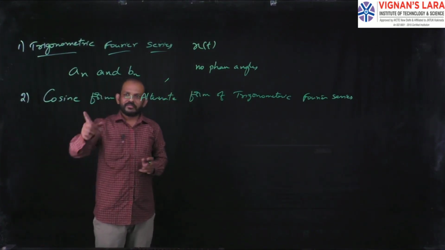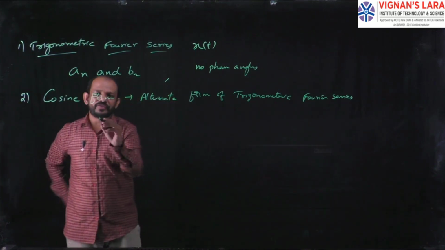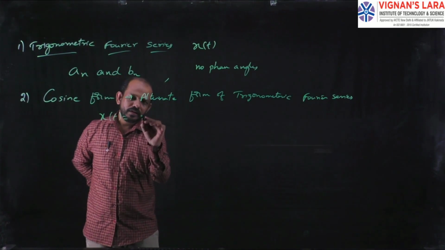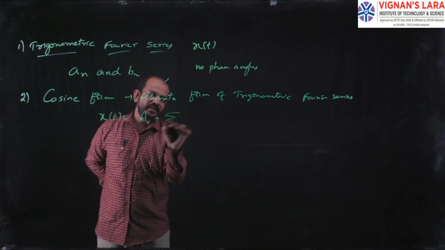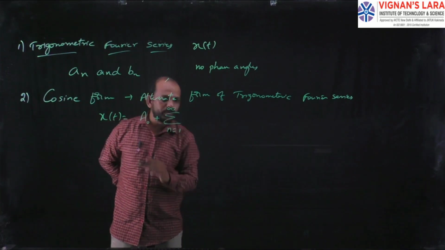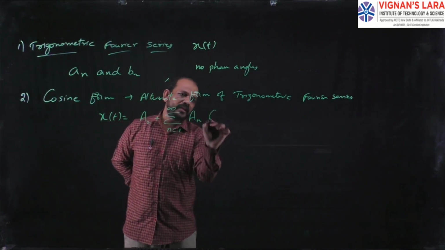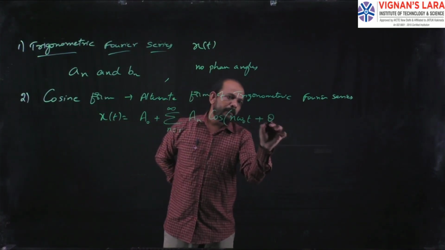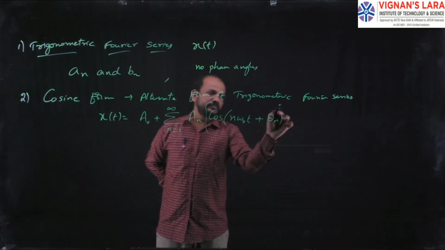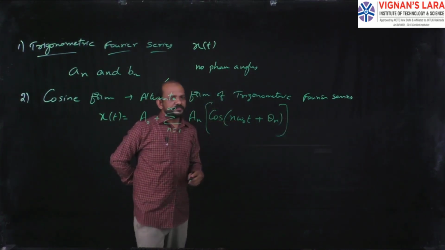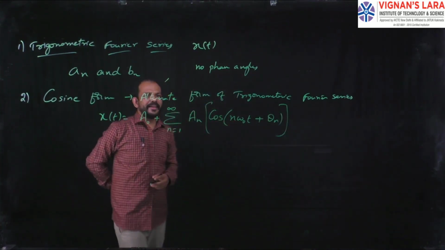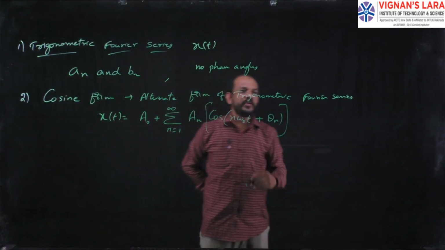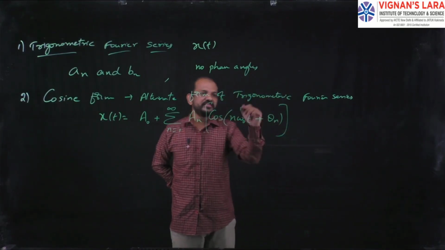We all know the cosine form representation of a periodic signal x of t will be given as x of t equal to capital A naught plus summation n equal to 1 to infinity capital An cos of n omega naught t plus theta n, where this A naught and An are the Fourier coefficients of this cosine form and theta n is the phase angle.